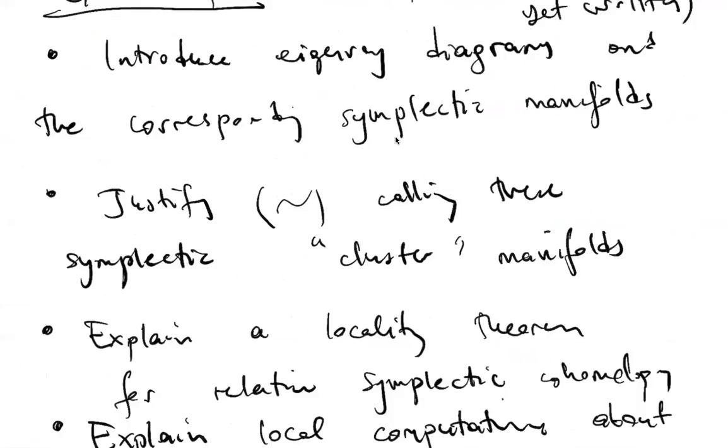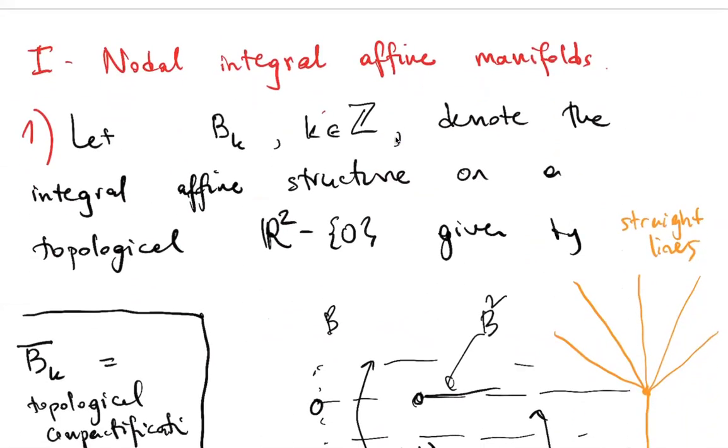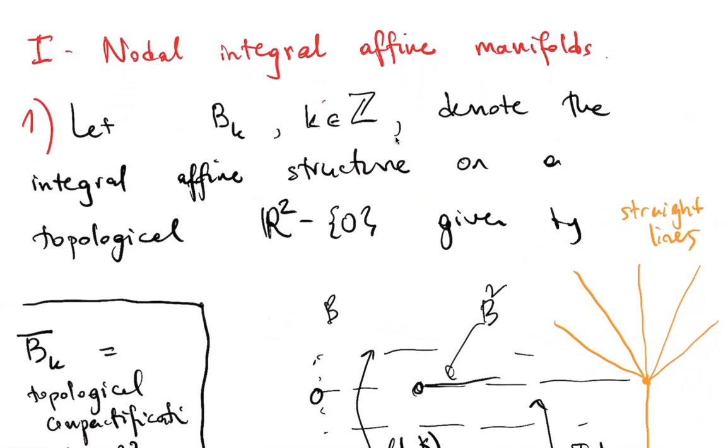Okay, so let me begin. So I want to first, the symplectic side of the story will rely a lot on integral affine manifolds, and that's where I'm going to start with concretely constructing symplectic manifolds. So first I hope everyone is familiar with what integral affine manifolds are.